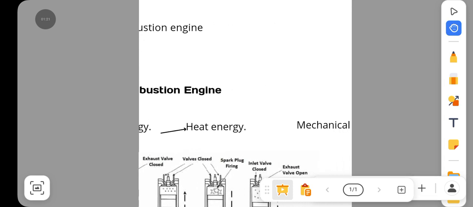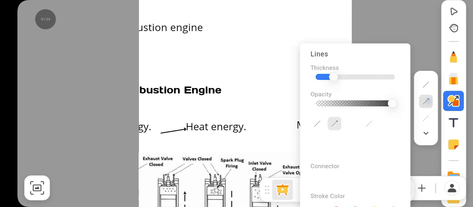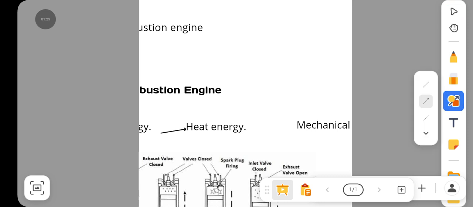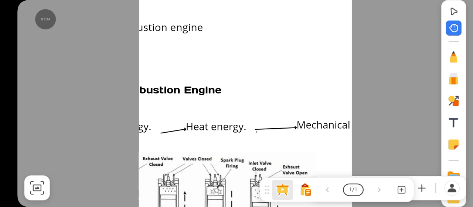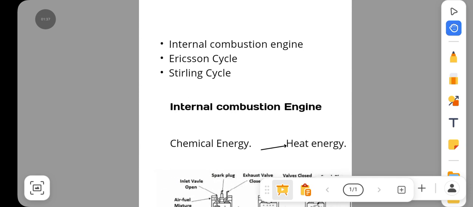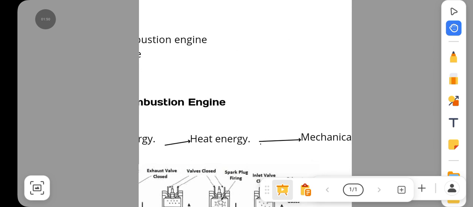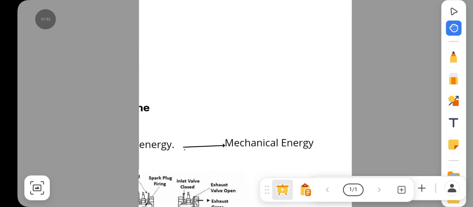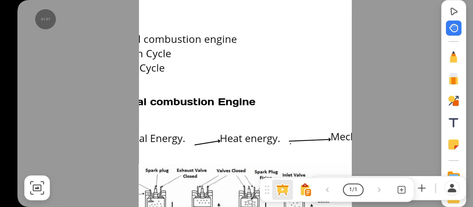So that is how an internal combustion engine works. If you put fuel into the engine, with the effect of your spark plug it creates energy, and that helps facilitate the mechanical energy of the engine that we are talking about.